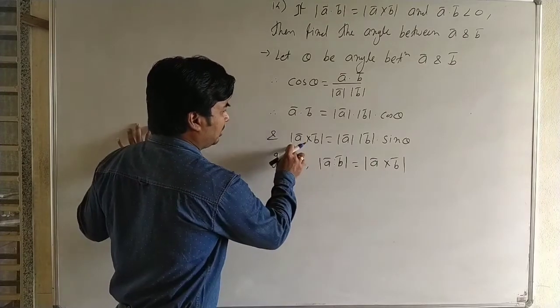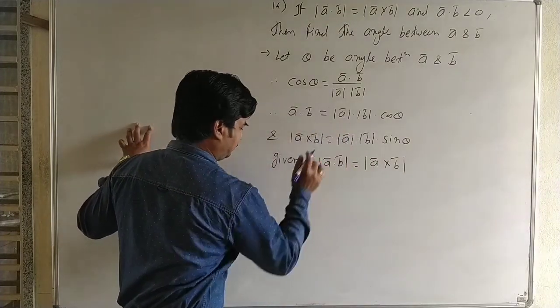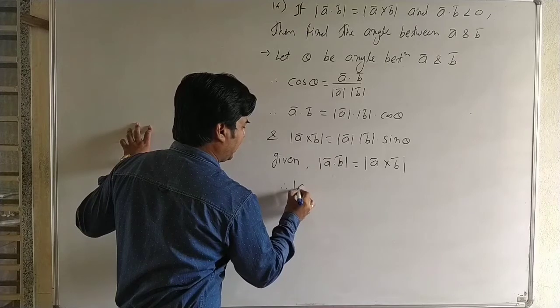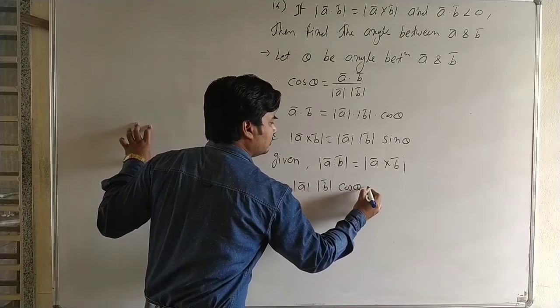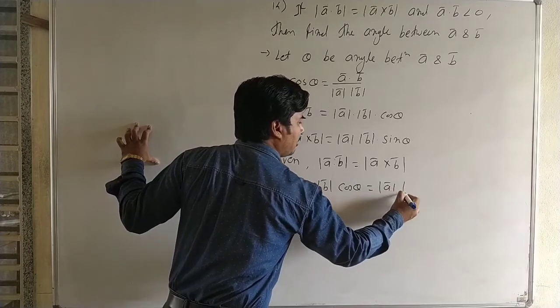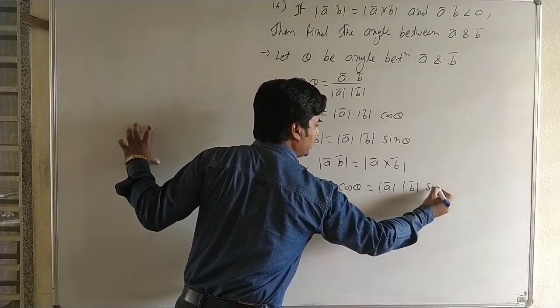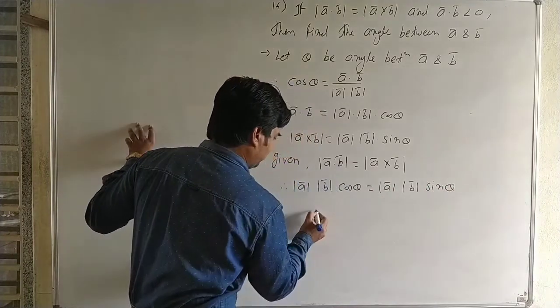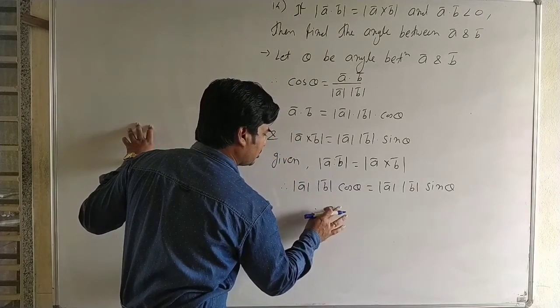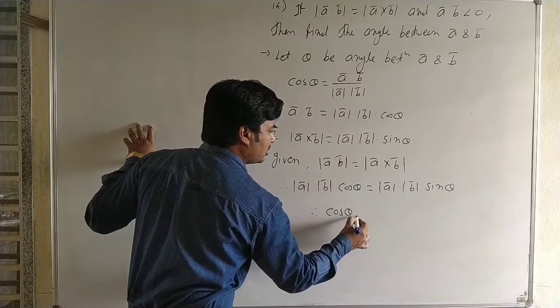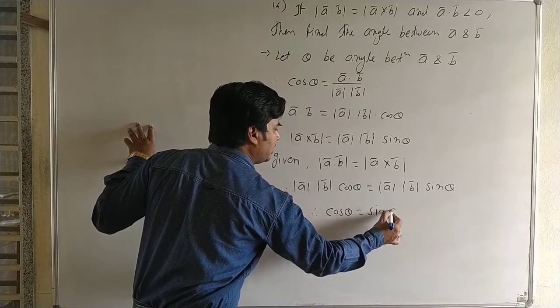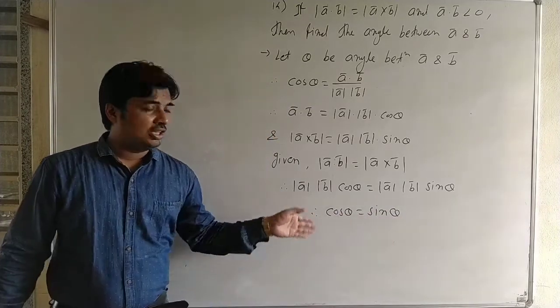Now both are equal, therefore you can write magnitude of a bar, magnitude of b bar cos theta is equal to magnitude of a bar, magnitude of b bar into sin theta, and therefore we get cos theta is equal to sin theta.